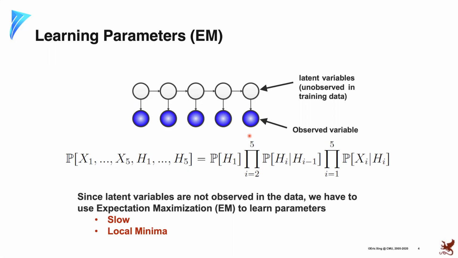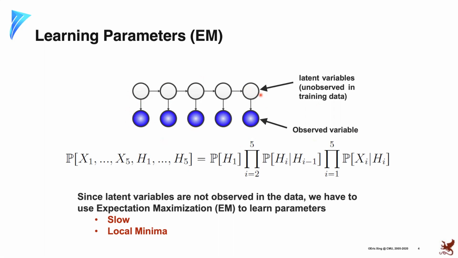So basically, in the E step, we try to estimate the assignment for each of these latent variables. Because, for example, in this HMM model, we usually only observe the value for these observed variables, but we have no idea what is the assignment for these latent variables.